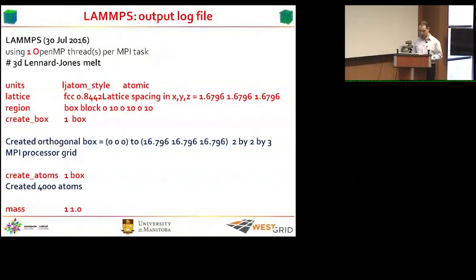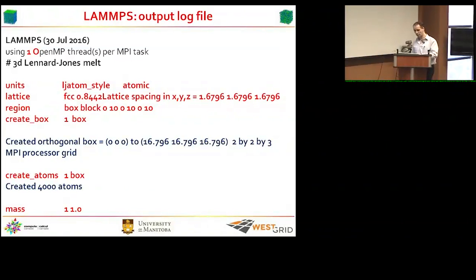Here I just have an output file. So, for example, if you run a simulation and you open the log file, it says, for example, I used here LAMMPS from July 30. I used 10 cores. In this file, the program also writes the commands used in the input file, and some other comments.